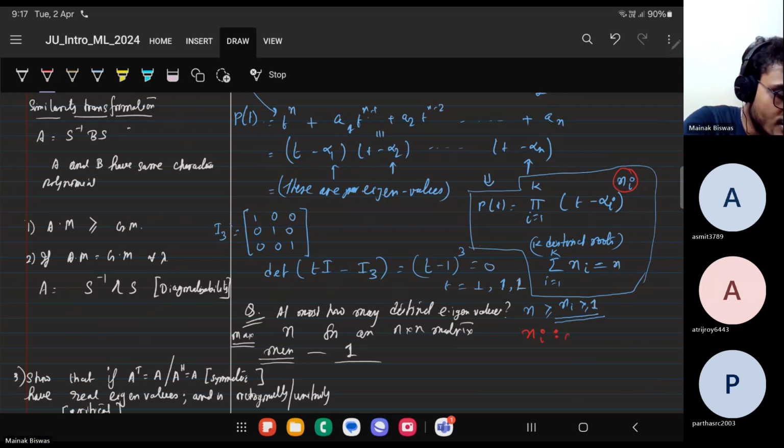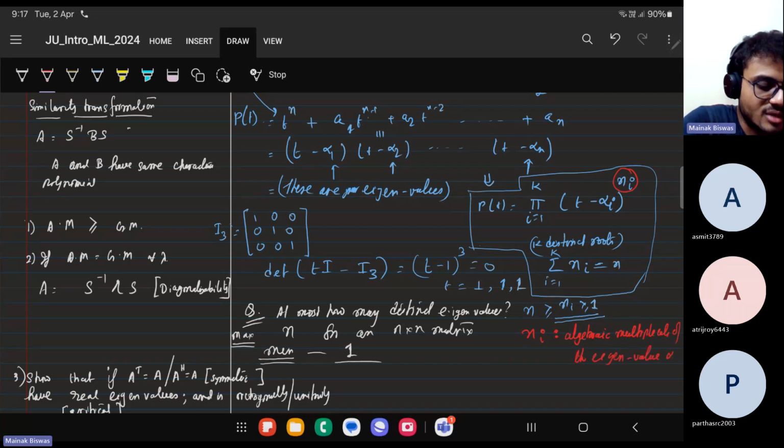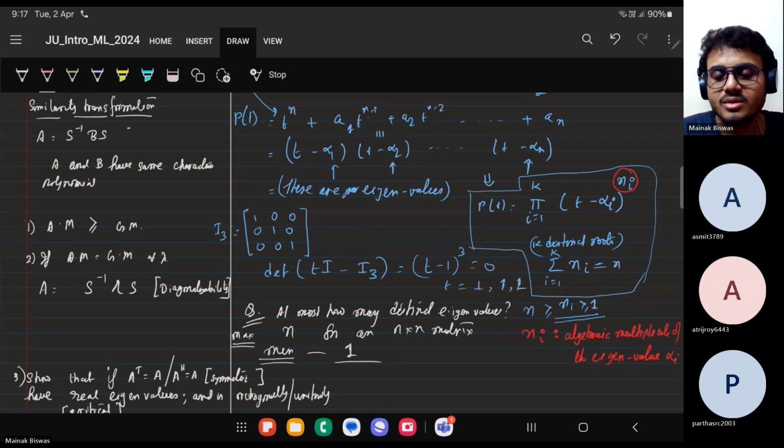These n_i are called the algebraic multiplicity of the eigenvalue. Why is it called the algebraic multiplicity? Because it's the number of repetitions of the root. That's what you call the multiplicity of a root. What is the multiplicity of a root? It is the number of times the root repeats itself.